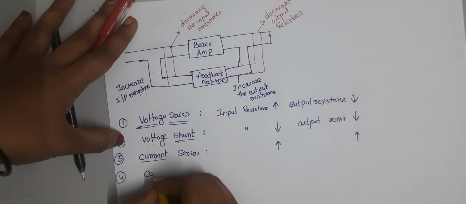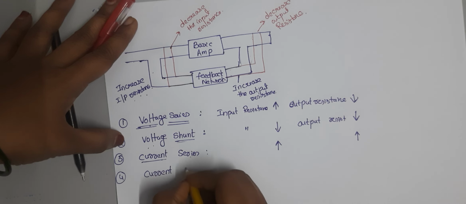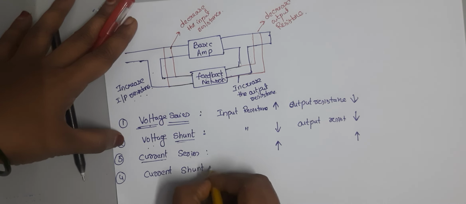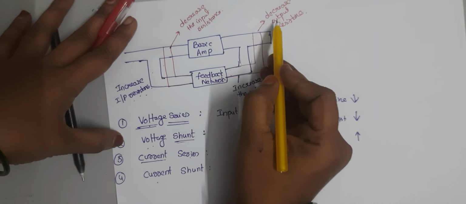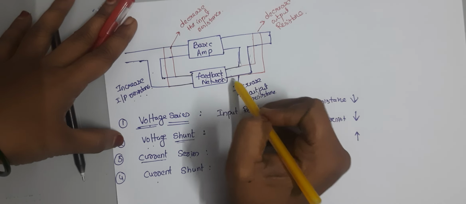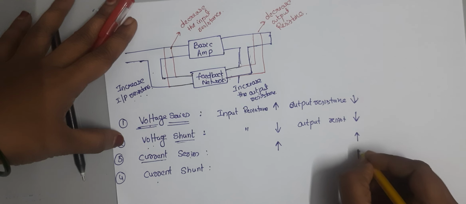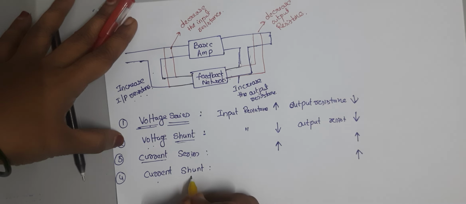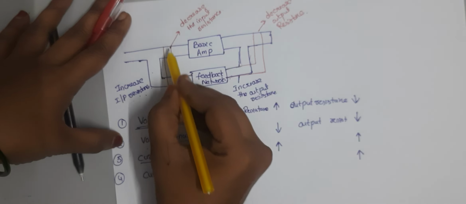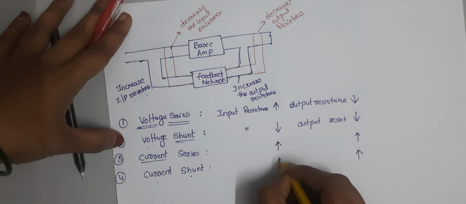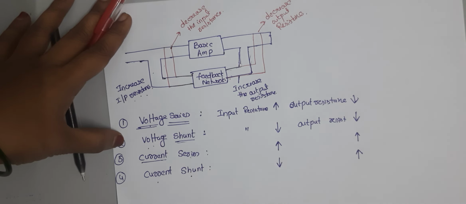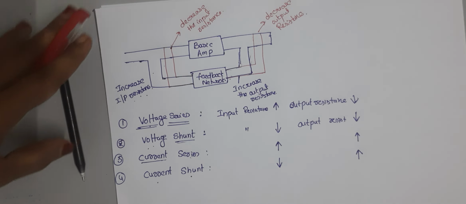Next, current shunt. So here it is current sampling, which increases the output resistance, and the shunt mixing also decreases the input resistance. Okay. Thank you.